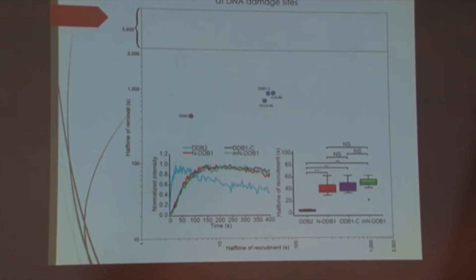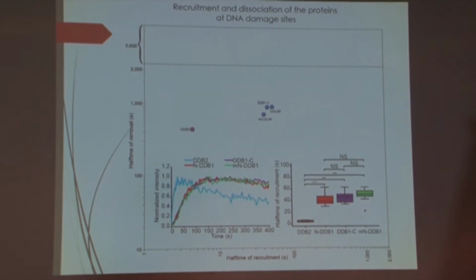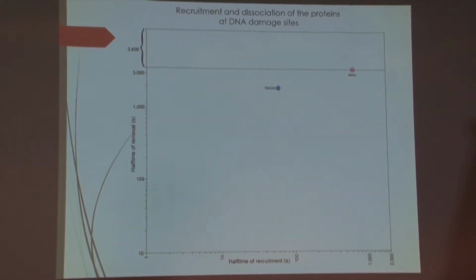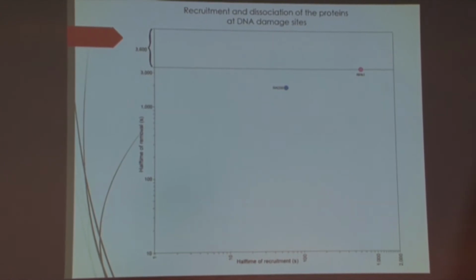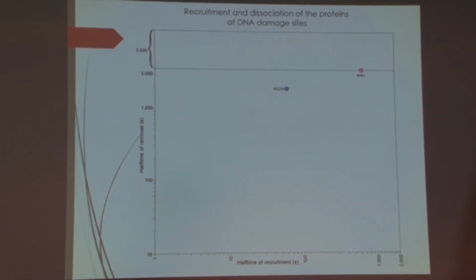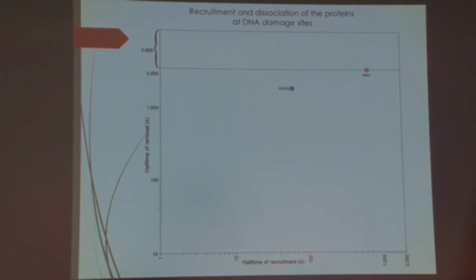The second one is that two proteins which work together to recognize UV damage, DDB1 and DDB2, are recruited at different times, and DDB2 is considerably faster than DDB1. And finally, the protein which recognizes double-strand breaks is recruited considerably earlier than RPA, which means that DNA resection comes 600 seconds later than recognition of double-strand breaks.